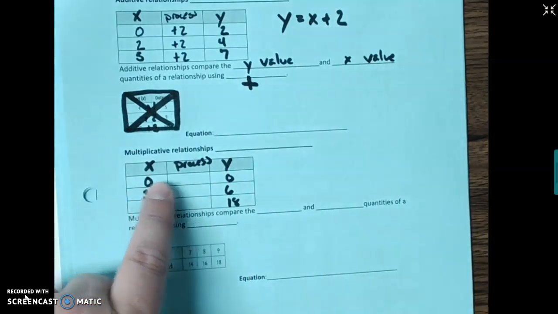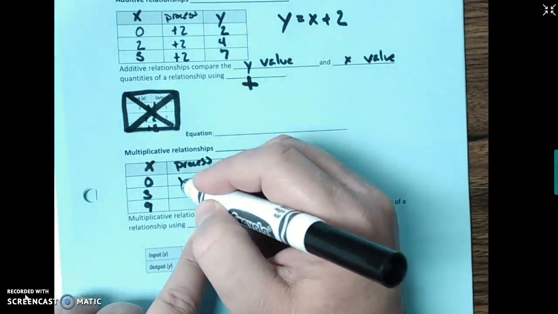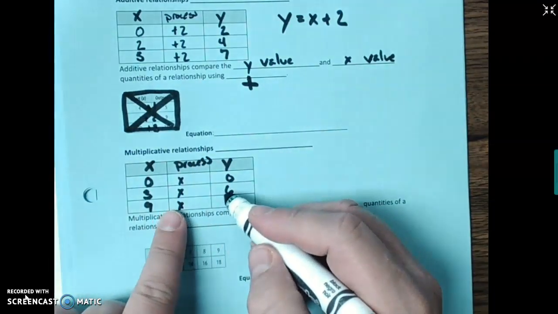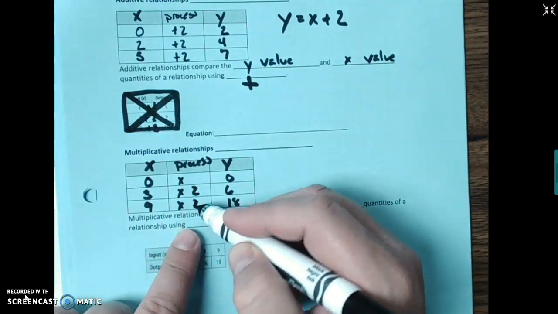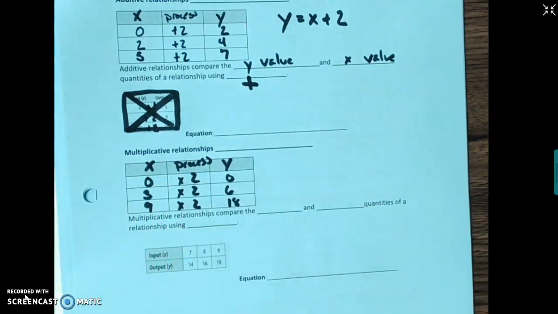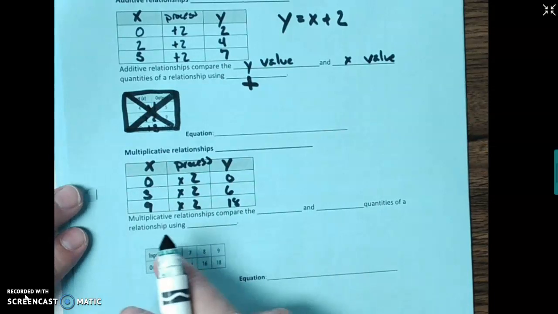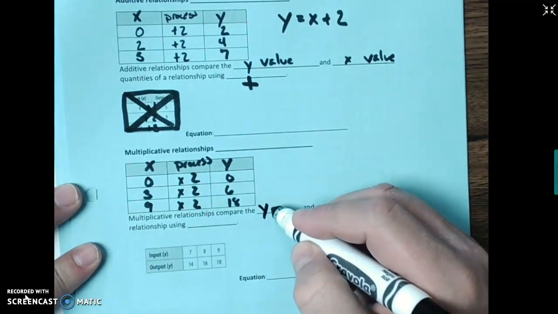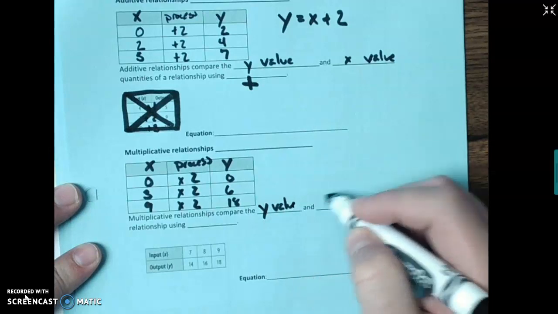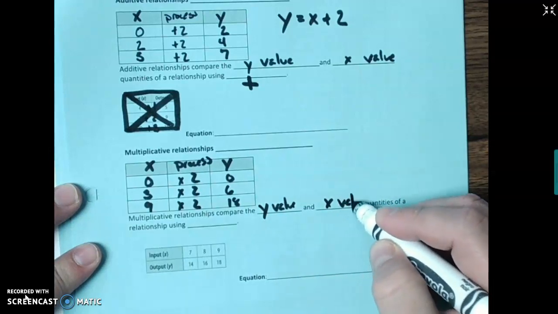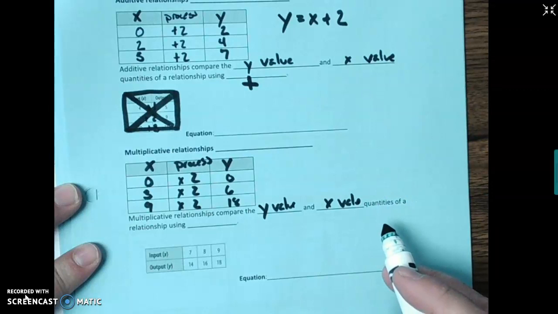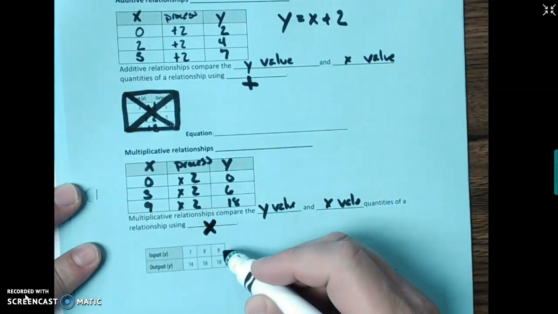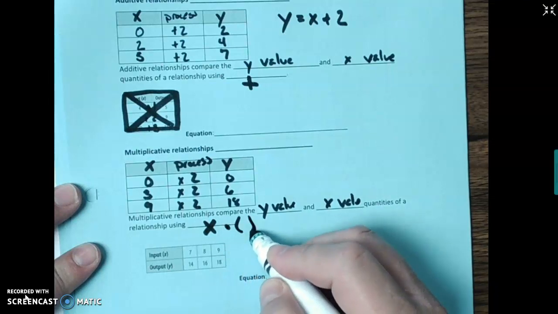Well, anything times 0 is 0. 3 times 2 is 6. 9 times 2 is 18. So 0 times 2 is 0. So multiplicative relationships compare the y value and the x value using multiplication, or dot, or parentheses.